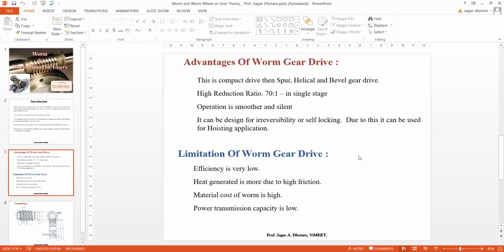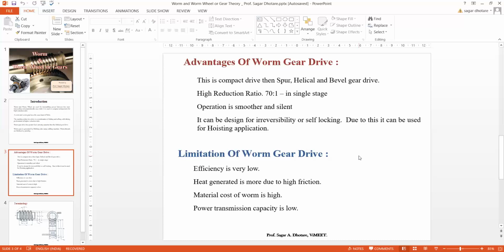About the material cost, the materials used for the worm and worm wheel are different, because there is sliding contact as well as rolling contact, and because of that high friction is generated, so an anti-wear resistant property should be there in the material.